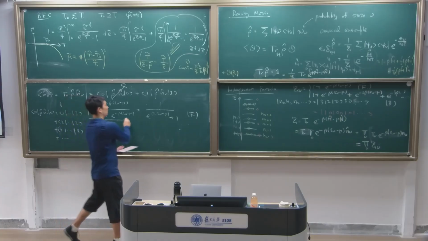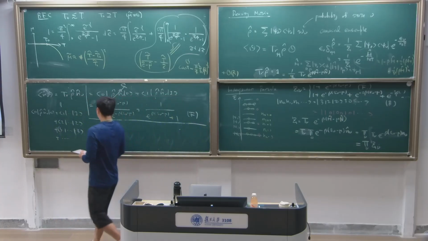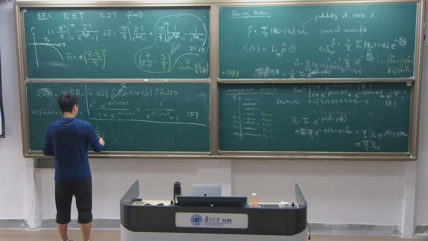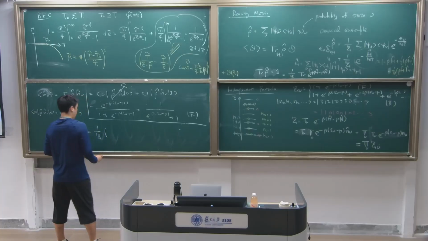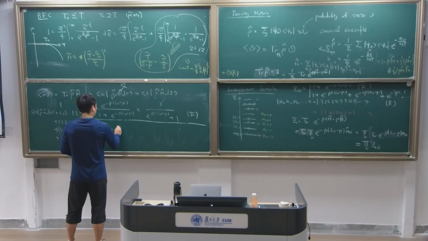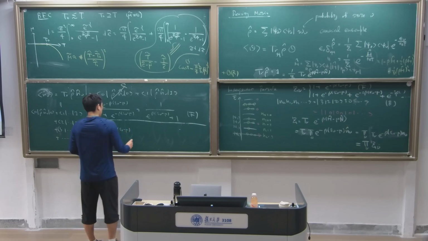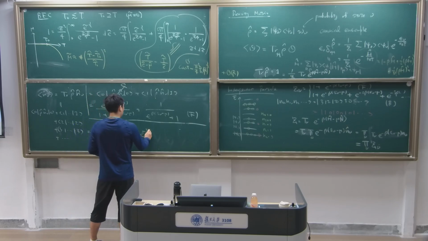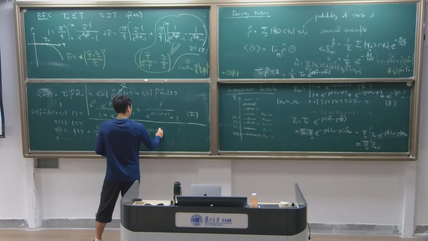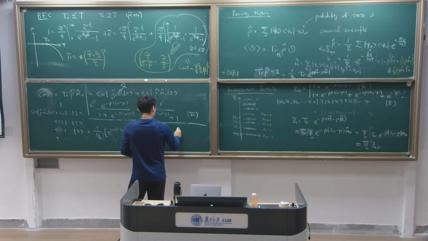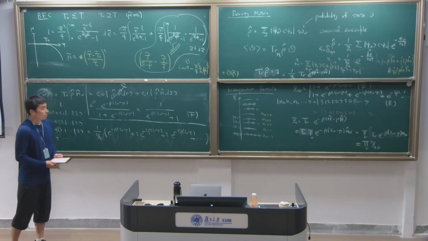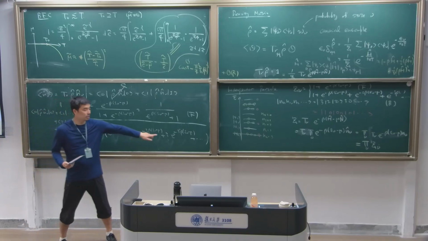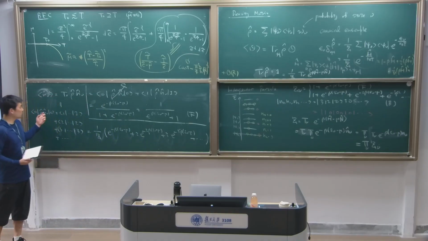And what you get is the 1 over z, and then here you have e to the minus beta, from mu minus mu, plus 2 e to the minus 2 beta from mu minus mu, plus 3 e to the minus 3 beta from mu minus mu, plus like this. The 2 and 3 are due to this number operator.